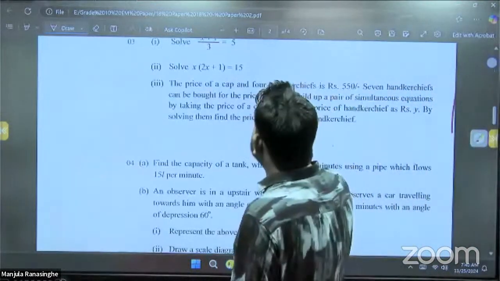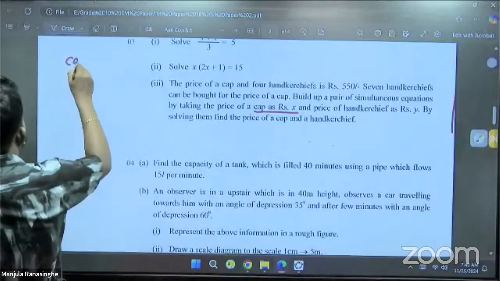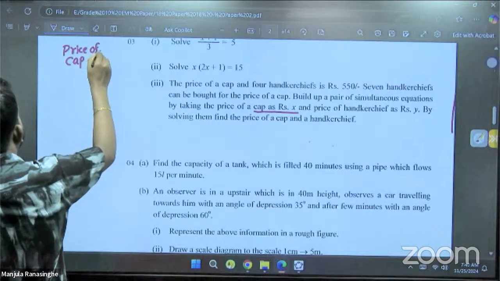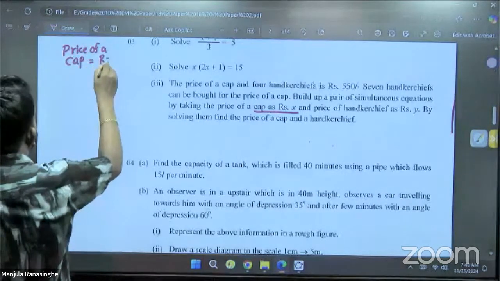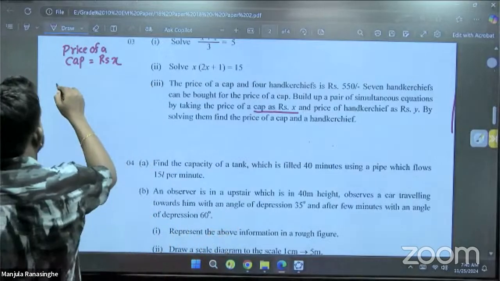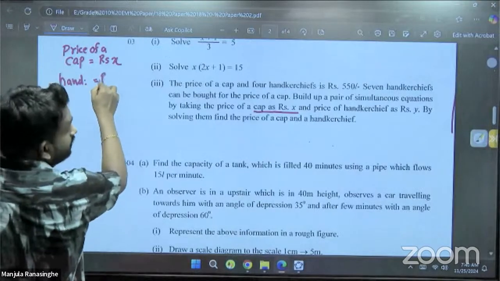By taking the price of a cap as rupees X, the price of a cap is rupees X, right? Then the other quantity is the price of a handkerchief, which is rupees Y.